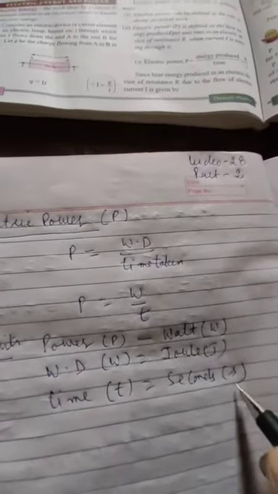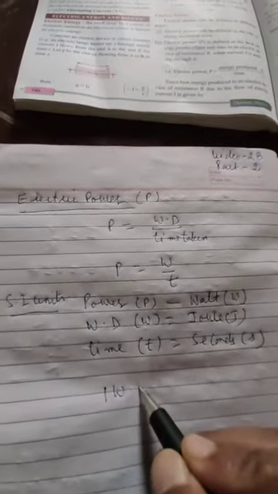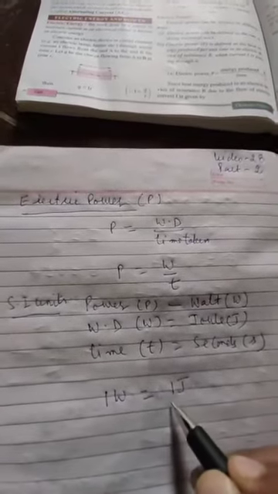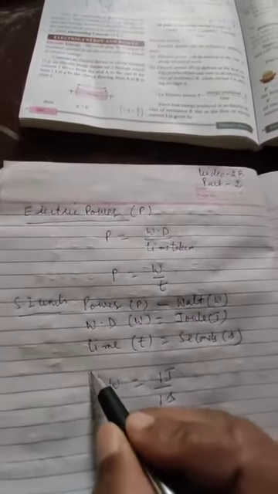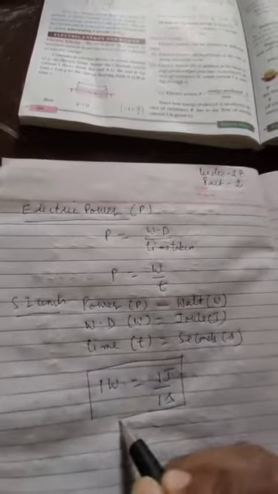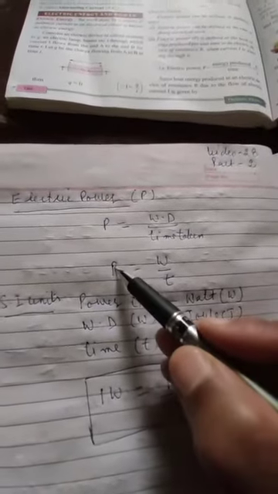It is represented with S. So 1 watt is equal to 1 joule upon 1 second. Clear? 1 watt is equal to 1 joule upon 1 second.